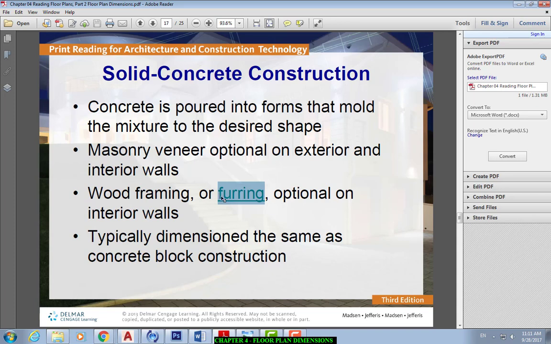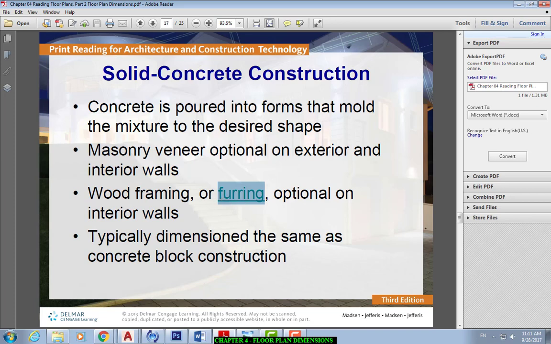Let's say it's a CMU construction, which is brick, but you want to put more insulation on the inside, even though a brick home or block or solid concrete is very good insulation. Or you want to put sheetrock on the inside. Of course, you won't be able to nail the sheetrock to the actual block, or if it's poured concrete, even worse.